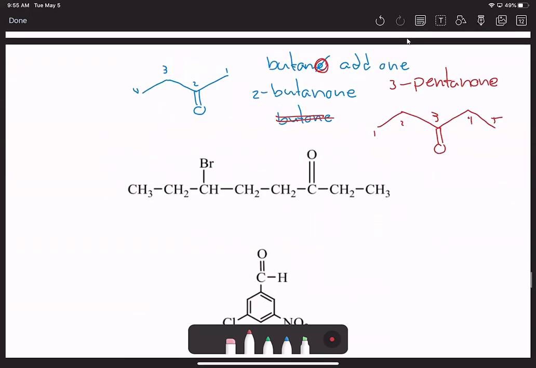And then we can have branches as well. So we notice on the one below here we have a branch. Here's my carbonyl. Let's go ahead and number this: 1, 2, 3, 4, 5, 6, 7, and 8.